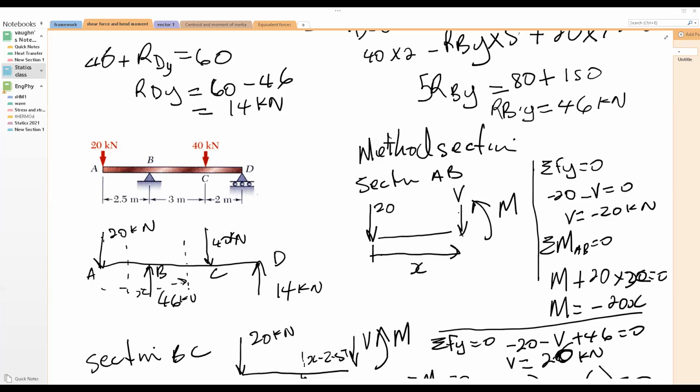Let me look back at the questions that we have in the slide. Hold on, let me open that slide. It was at the shear force slide. Hold on, I'm trying to find your file. It's a PDF. Shear force.